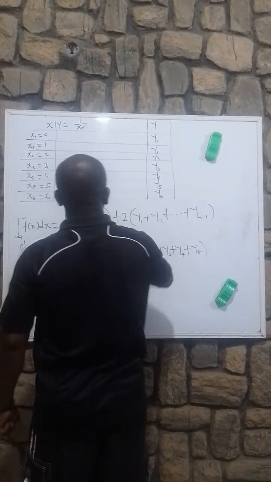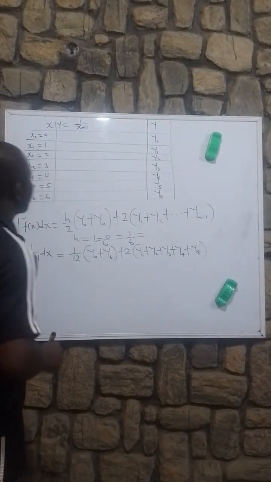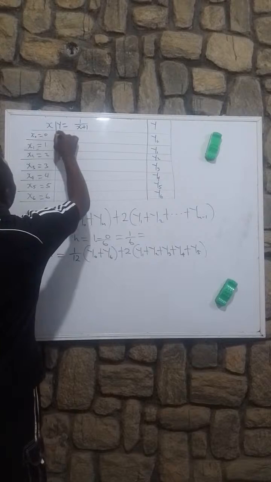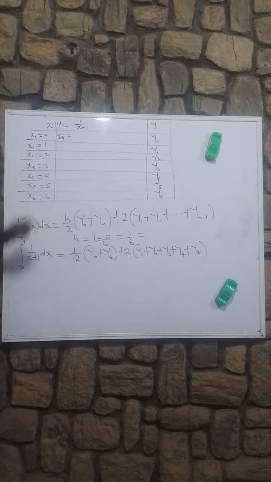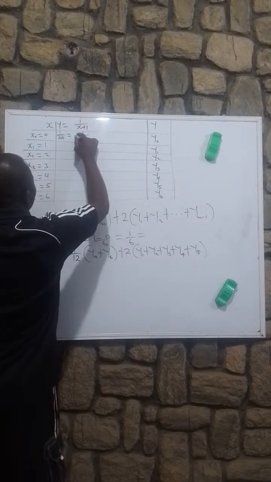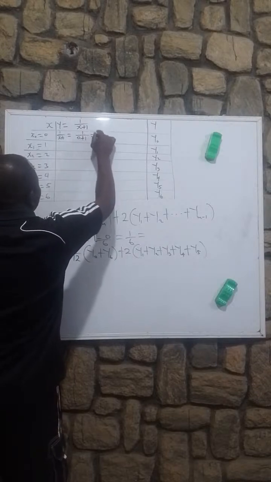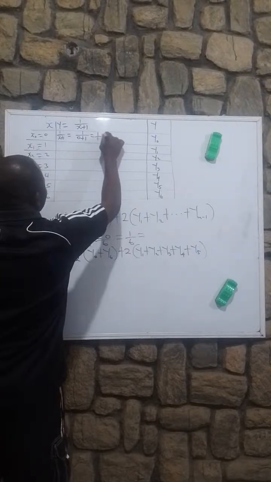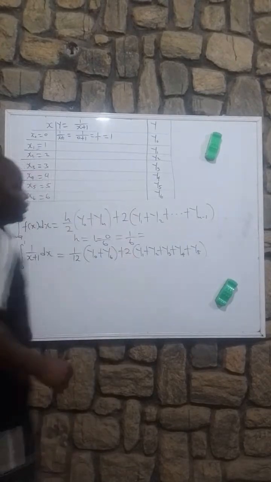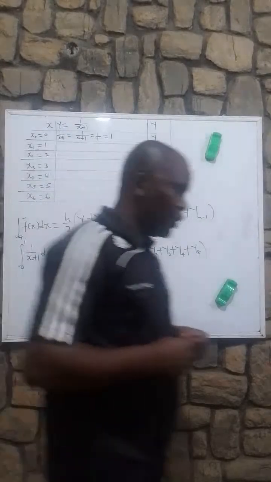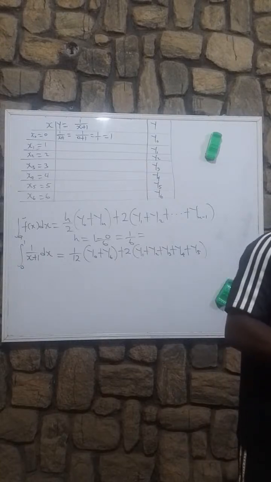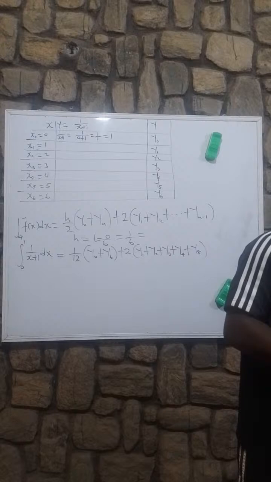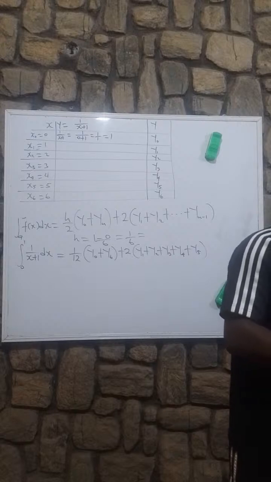So far so good. So it means 1 all over x plus 1, at your x0, which is x equal to 0. So here we have 1 all over 0 plus 1 equals 1 all over 1, which is equal to 1. True or false?